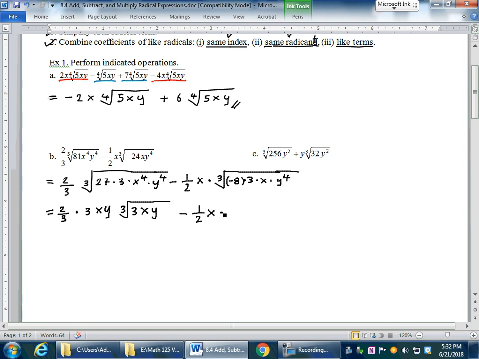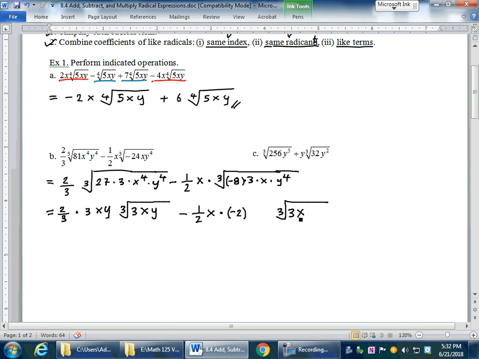Now, cube root of negative 8, that is negative 2. And then inside the cube root, right away I will write down, 3 is left over. X, I cannot simplify any further, so that will be x, because the exponent of x is less than the index, so we cannot divide it.